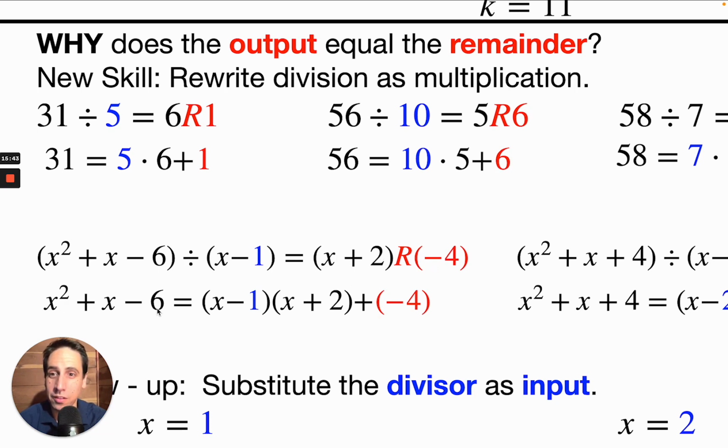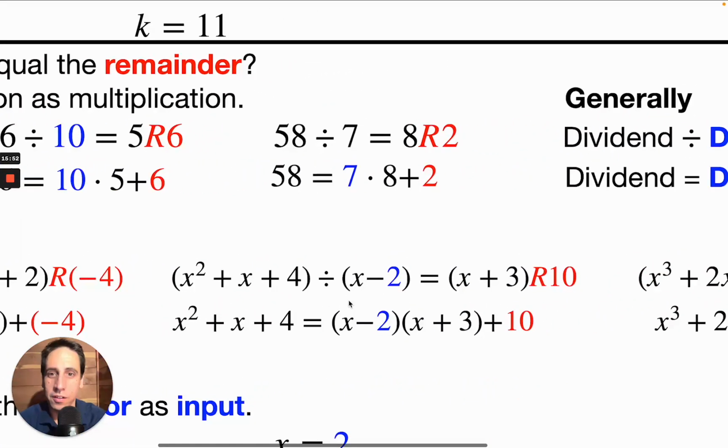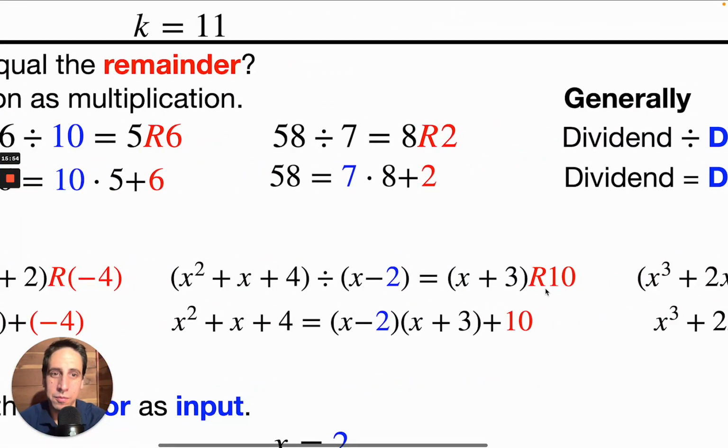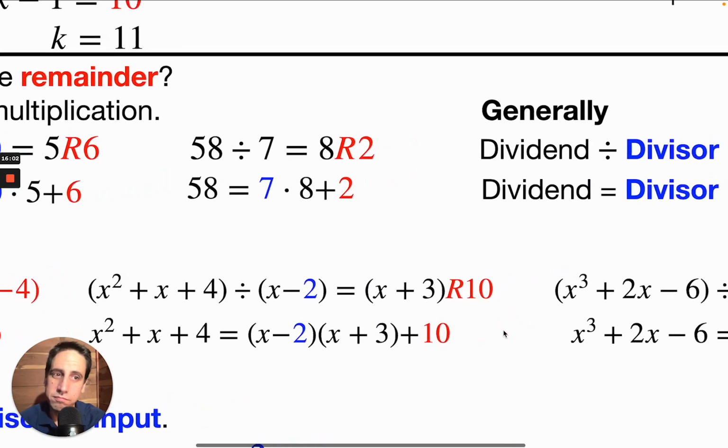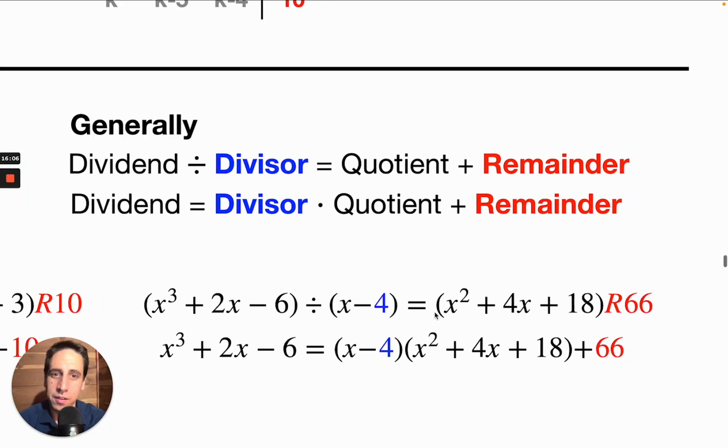Now it's going to be this is equal to blue divisor times x plus 2 plus red remainder here. Let's do that again. This divided by this is equal to this remainder of this. Well, then you've got this is equal to this times this plus this. Here we've got this divided by this is equal to this and remainder this. And now we can change it so that this is equal to this times this plus this.